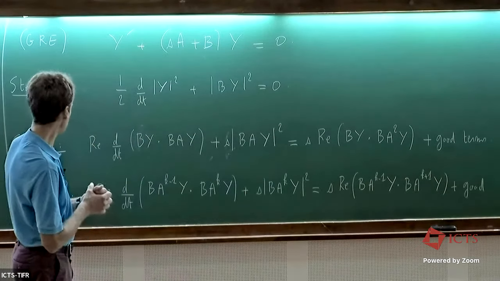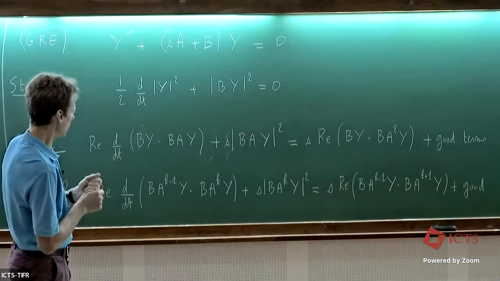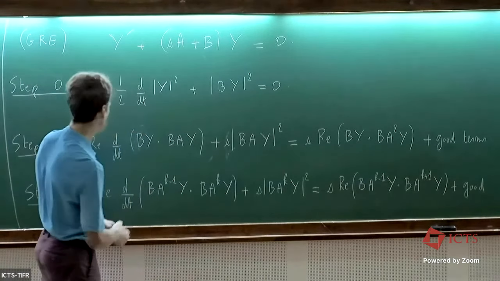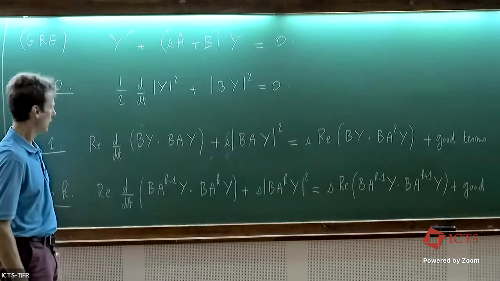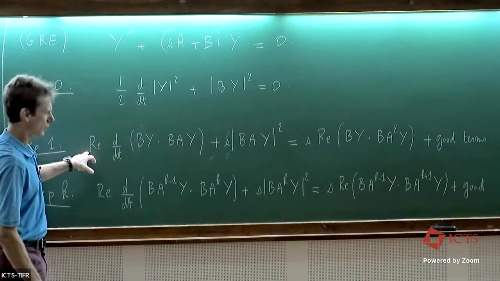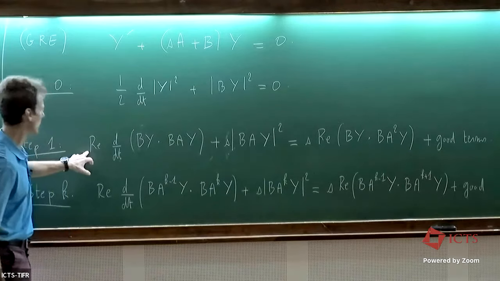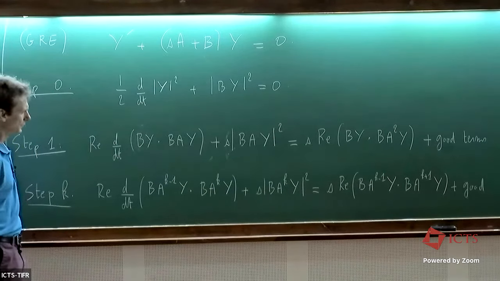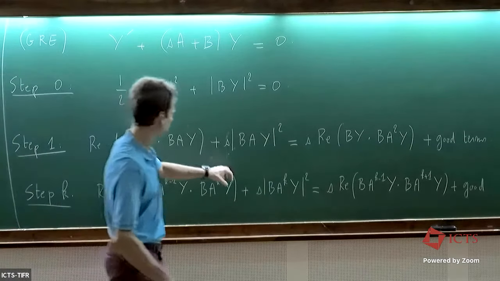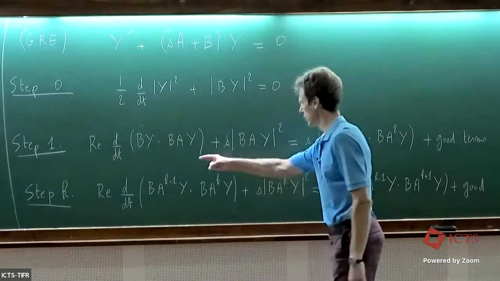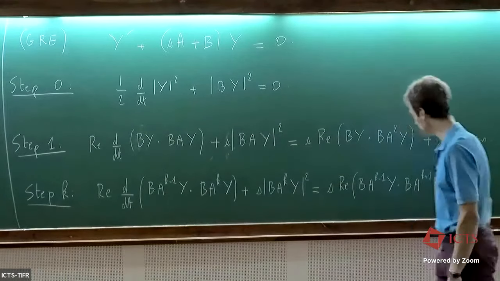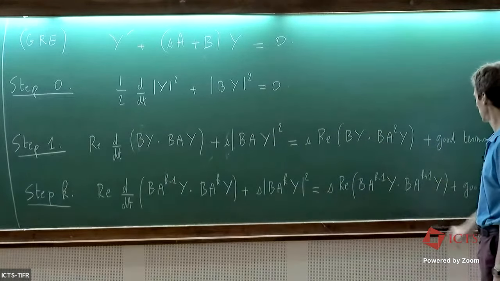So the next step is to get more information, and it's not just by playing with the equation, but by looking at this combination. Maybe I forgot to tell this, but in order that the computation is exact, you have to take the real part. So you get this identity. So you generate a new positive term, but you have new terms.